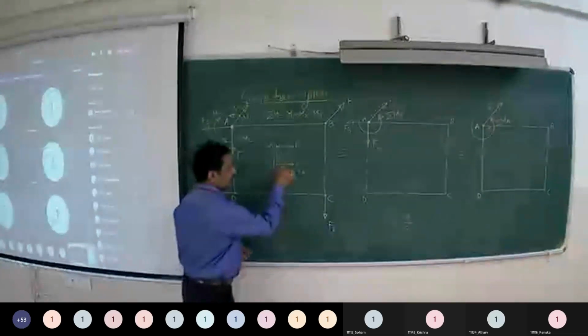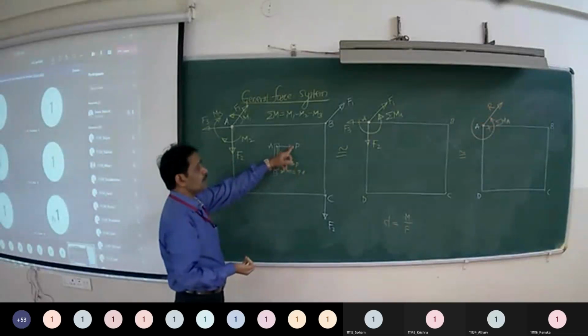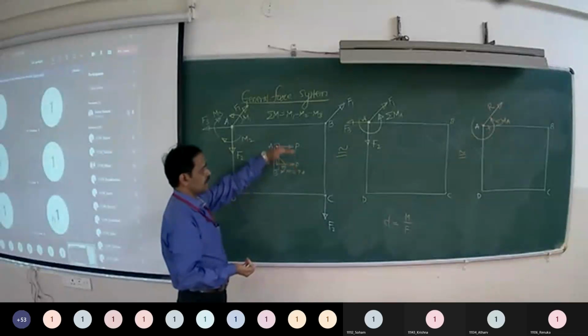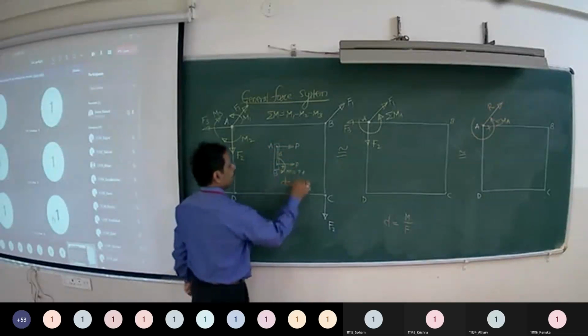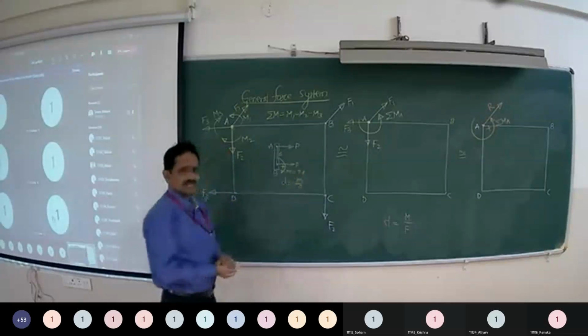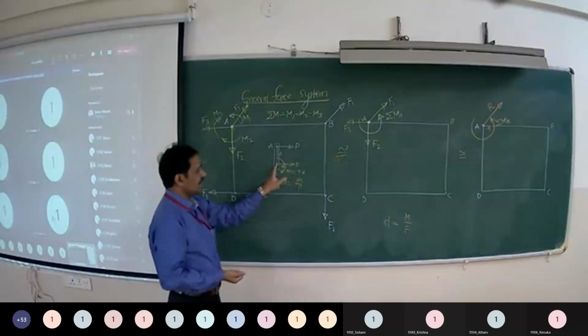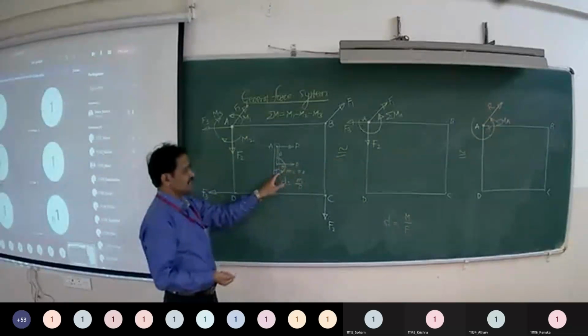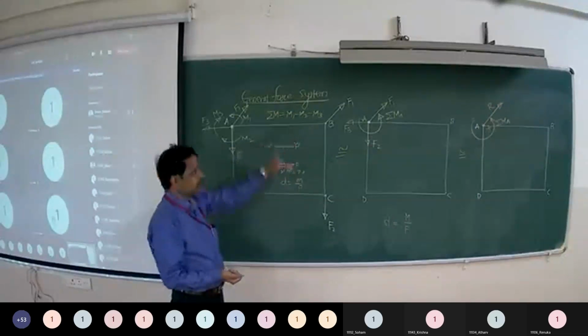Now when you combine this force and moment, the resultant will be the force which will go back to its original position by distance d, given by moment upon force. So this reverse process we are doing over there. We are adding the force and moment. So the resultant of force and moment will be the force which will be transferred parallelly by distance d.